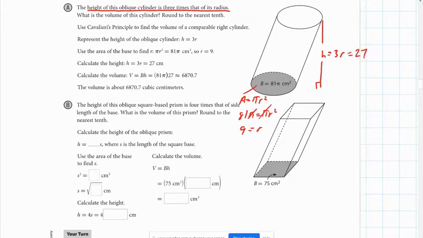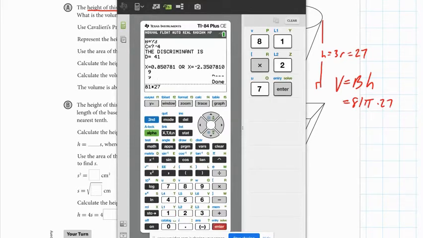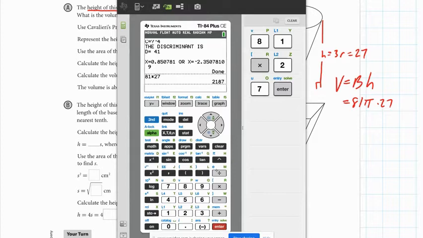And so now we can say volume equals base area times height. The base area they gave us is 81 pi, and the height is 27. So if we do 81 times 27, we get 2187, and then times pi.